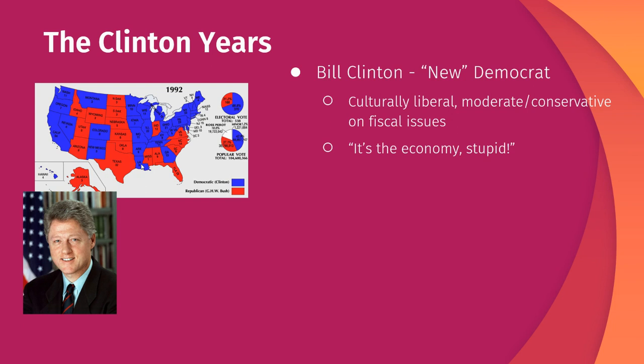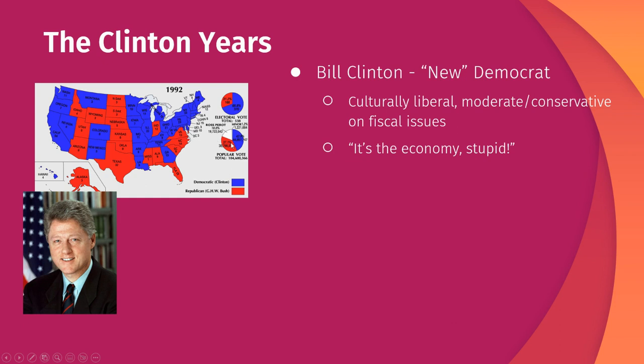In 1992, the economy is doing okay, but its growth has slowed since the 1980s. And so George H.W. Bush really is not able to take a great deal of credit for the economy because it's slowing down into 1991 and 1992. The other reason this map looks kind of funky is because of this slice of the pie here that you see that is white.